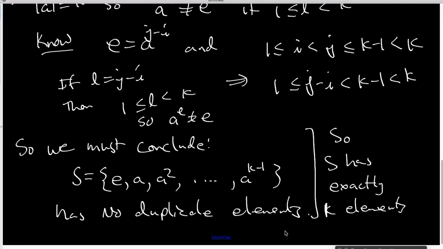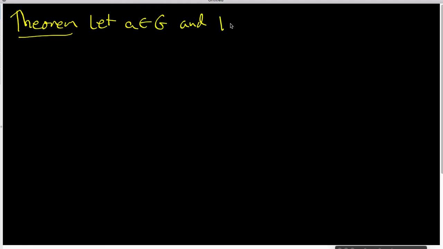Now, the importance of this is not the set S itself, but the fact that we get the following important theorem. And this theorem is stated as follows. We're going to let A be an element of group G, and the order of A is equal to k.